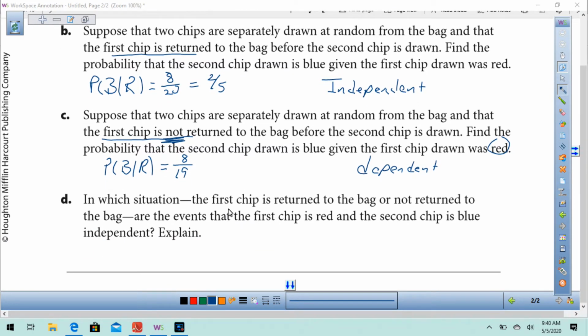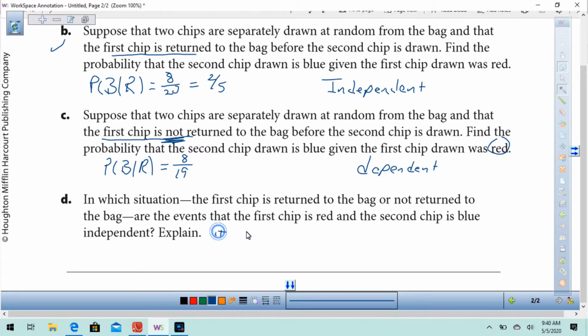In which situation, the first chip returned to the bag or not returned to the bag, are the events that the first chip is red and the second chip is blue independent? That would be the first one.